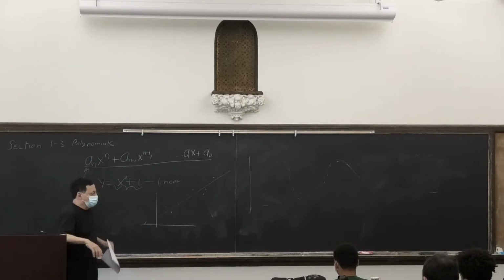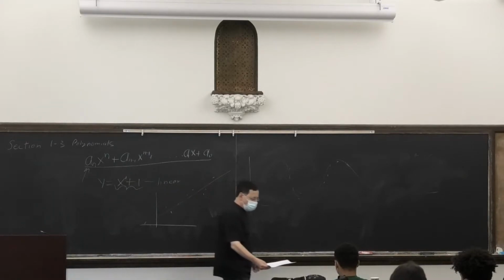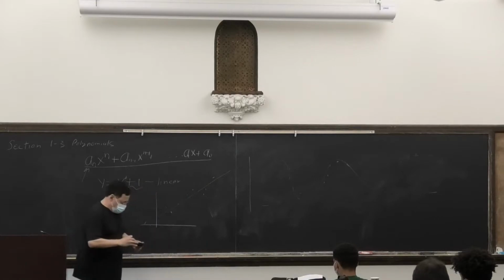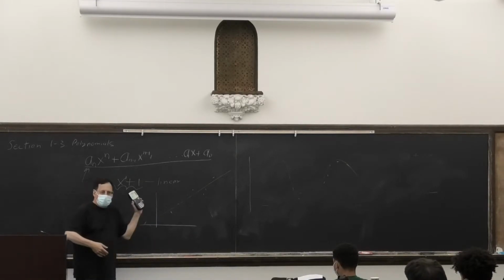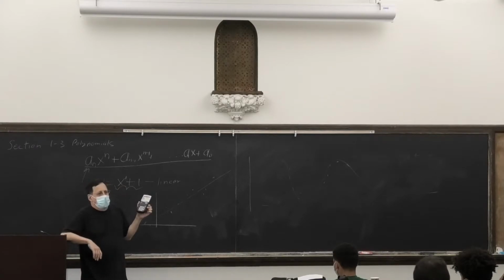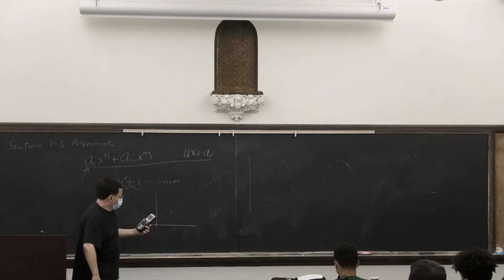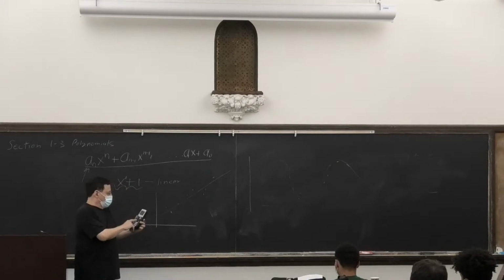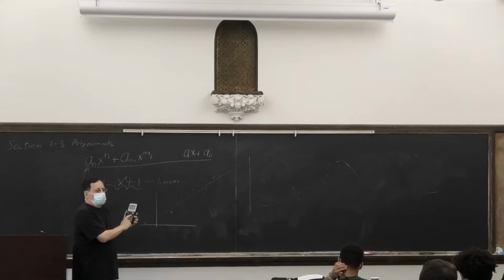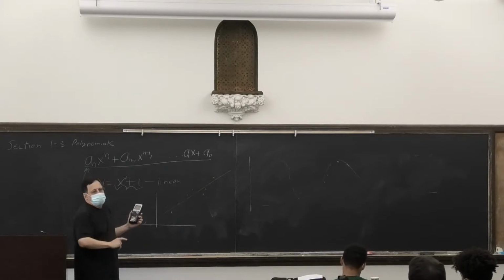As an example of this, I want to mention in passing, I'm sure most of you have seen calculators. Maybe you've run into sine, cosine, tangent before, maybe exponential functions.